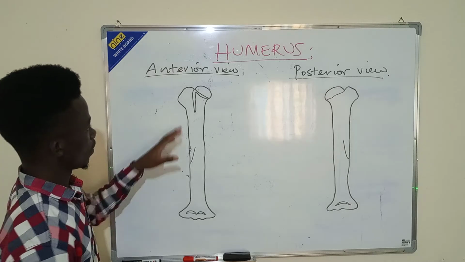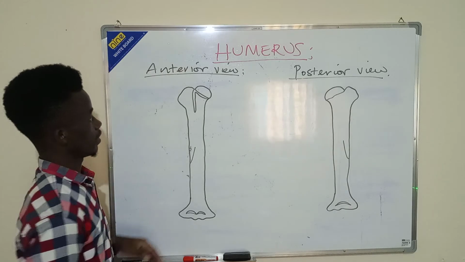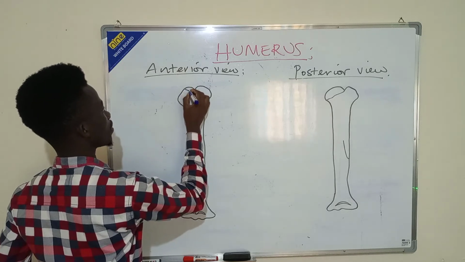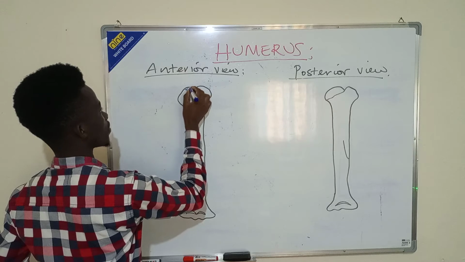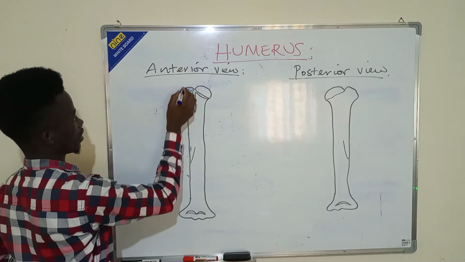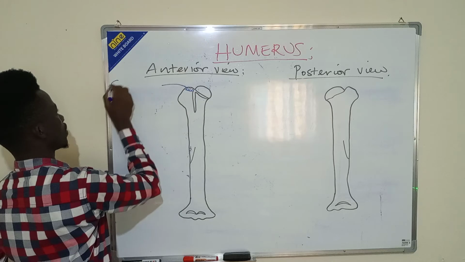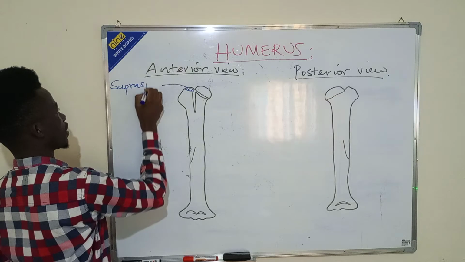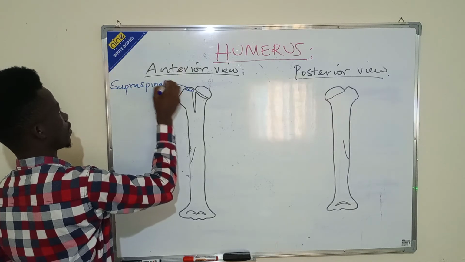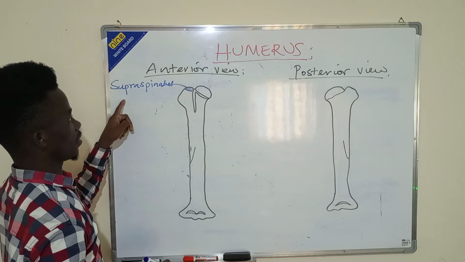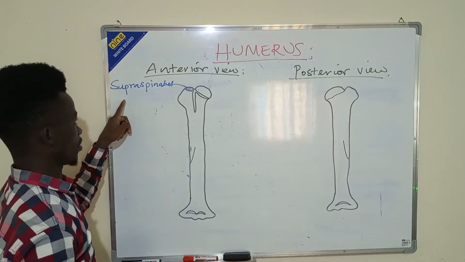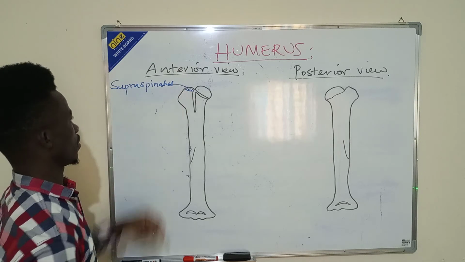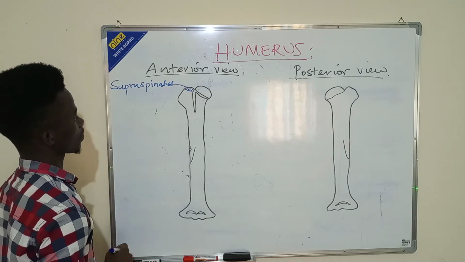So from the anterior view, we have up here a muscle known as the supraspinatus muscle. Supraspinatus originates from the supraspinous fossa of the scapula, then makes its point of insertion onto the greater tubercle of the humerus.